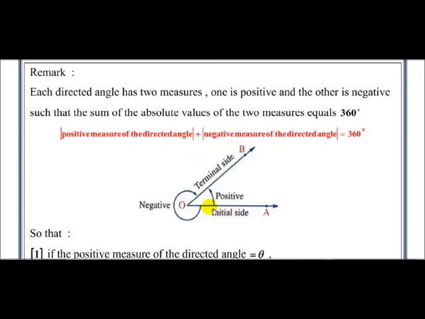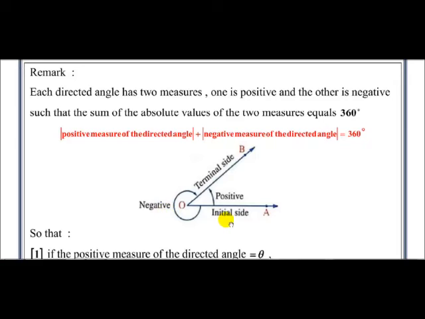If my angle starts from this initial and rotates to be here, do you notice something? My directed angle rotates in the clockwise direction, so the measure of the angle is negative.